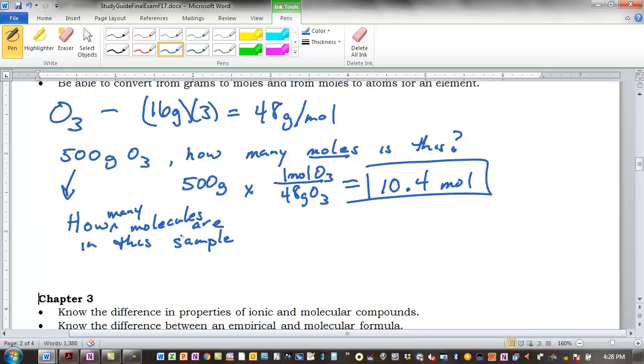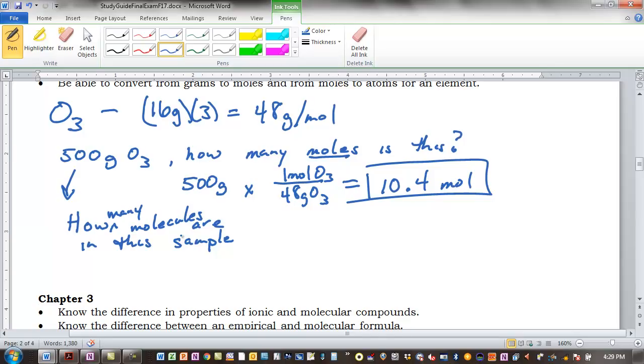How many molecules are in this sample of 500 grams of ozone? The first thing we'd have to do, as we've already done, is convert to moles, because we couldn't go straight from grams to molecules. We've already done that. So what's the next step to go to molecules?